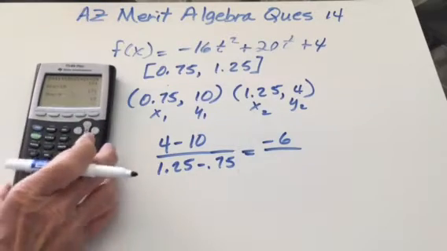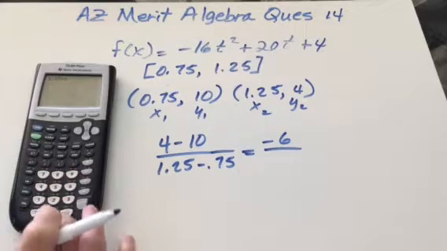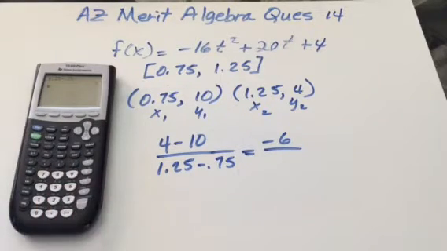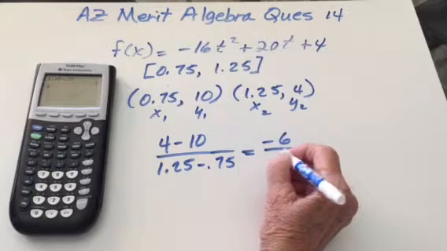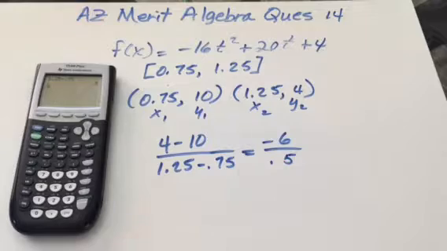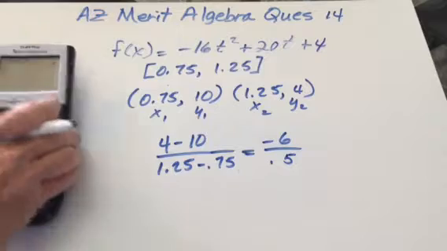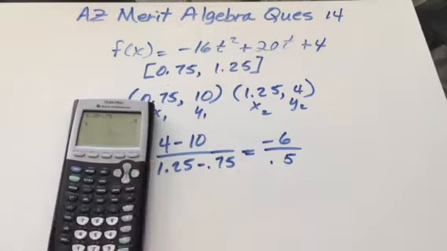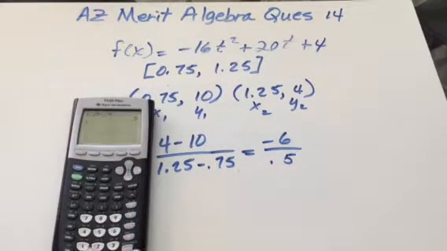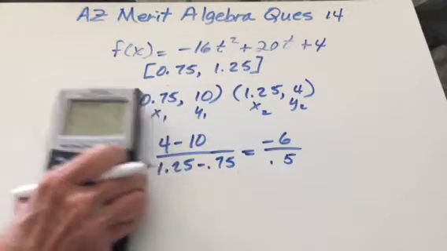If you don't know, just do it on the calculator. What is negative 6 divided by 0.5? Negative 6 divided by 0.5 equals negative 12.